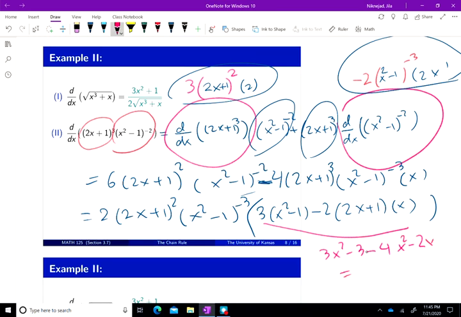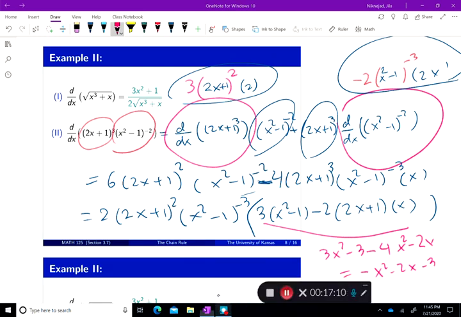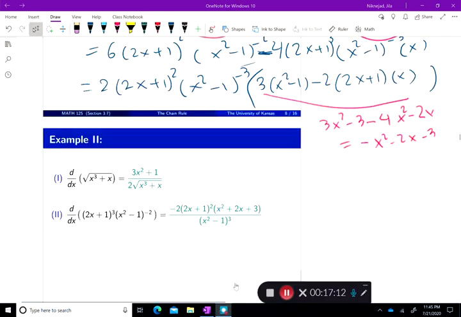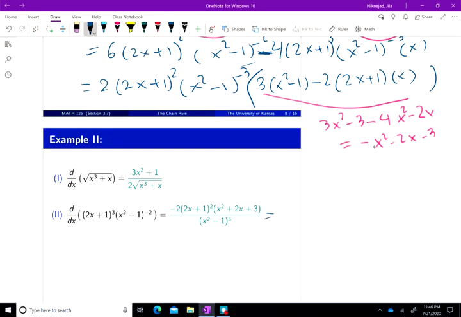So that is minus x squared minus 2x minus 3. And rewriting that, let's write the entire thing down now.